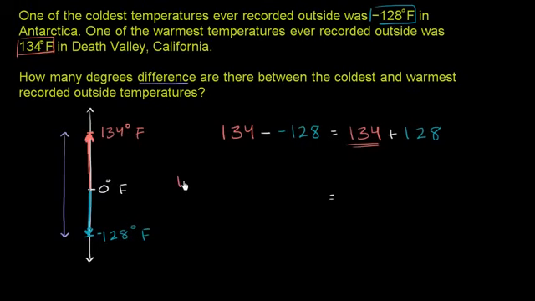If I were to add 134 plus 128, I get 4 plus 8 is 12, 1 plus 3 plus 2 is 6, it's 262. So it's 200. This right over here is equal to 262. How many degrees difference are there between the coldest and the warmest recorded outside temperature? 262 degrees Fahrenheit difference.